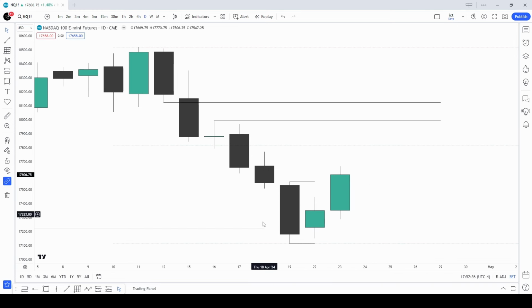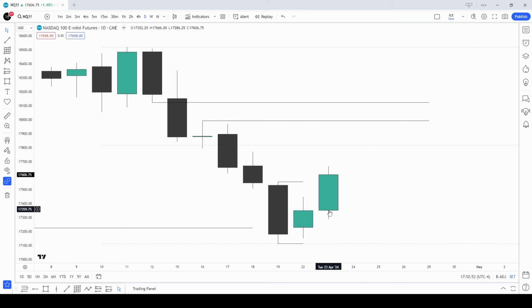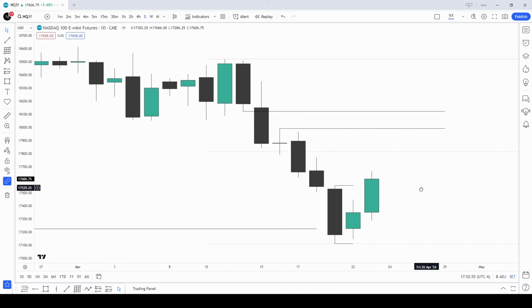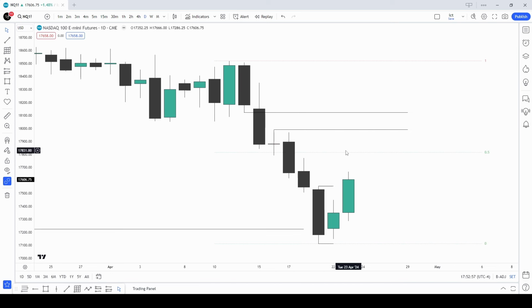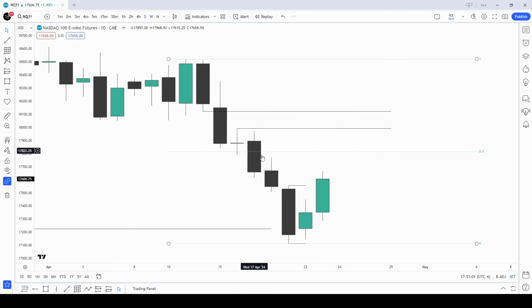Now, if you want to aim for this internal fair value gap, and I did take a trade on this, I took a winning trade in my Discord and on my personal accounts. I was trading this somewhere in here towards this daily high. Now, I would anticipate some more expansion inside here to at least 50% of this range. Because of all the factors included, that is why I am anticipating the pullback.